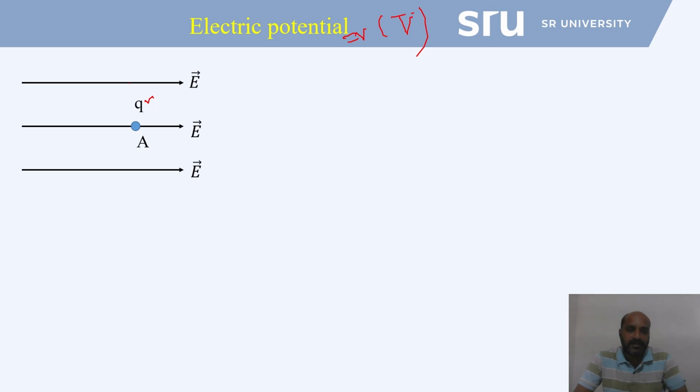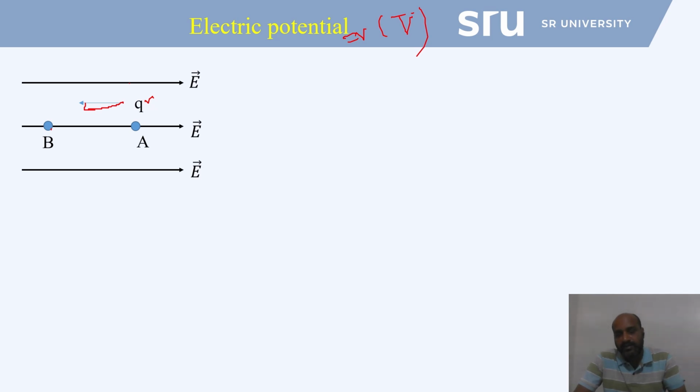Our interest is to move the charge plus Q from point A to point B. To move this charge from A to B, we need to apply some external force by some means, since by itself it cannot move.